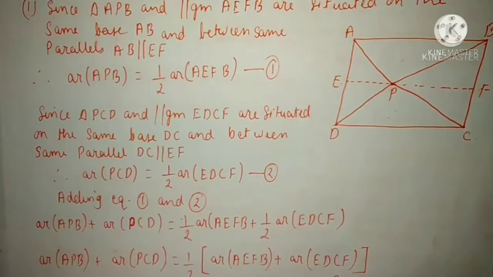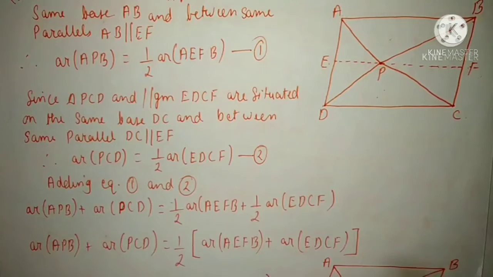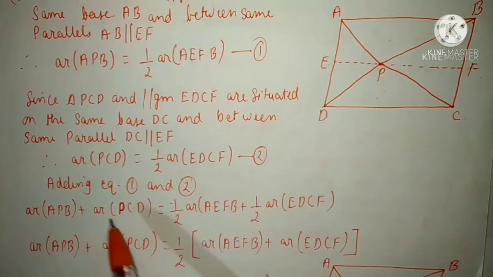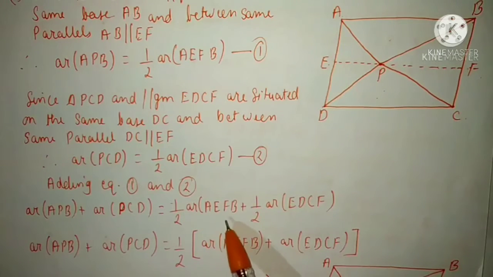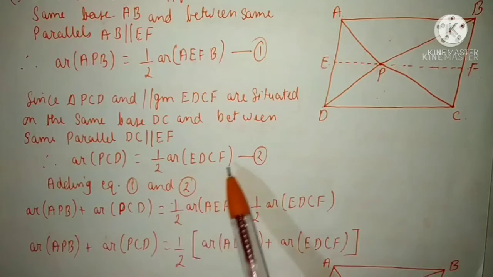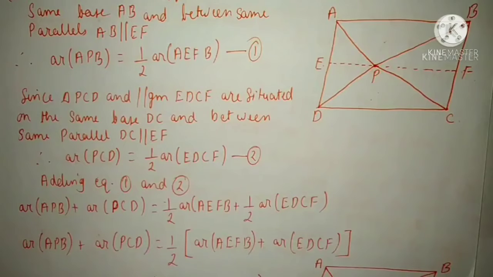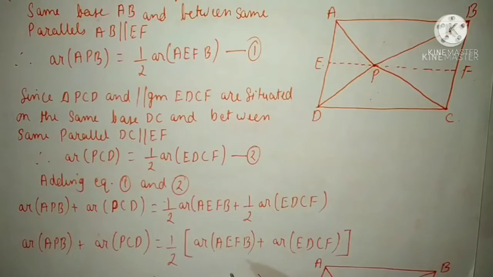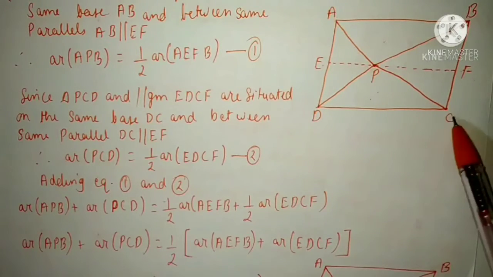Now what we will do, we will add both the equations. So add equation number 1 and 2. First add LHS: area of APB plus area of PCD is equal to half of area of AEFB plus half of area of EDCF. In the next step, taking half common, area of APB plus area of PCD is equal to half of area of AEFB plus area of EDCF.